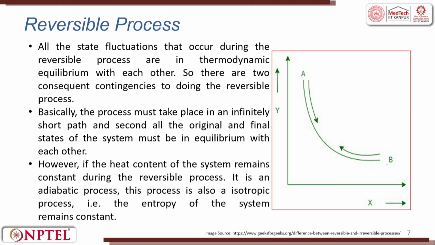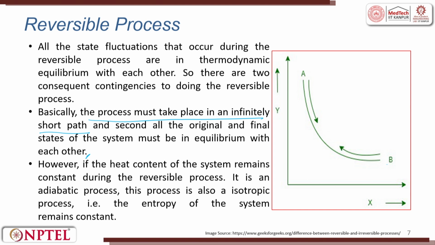Basically, the process must take place in an infinitely short path, and second, all the original and the final state of the system must be in equilibrium with each other. So, this is very important. Basically, the process must take place in an infinitely small path. Okay. So, a very small path you will try to do.